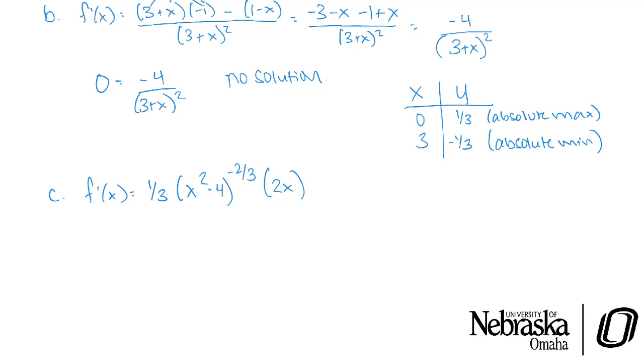If we simplify that a little bit, we get 2/3 x, right? We're multiplying these out front, times x squared minus 4 to the negative 2/3. To find our critical numbers, we want to set this equal to 0.